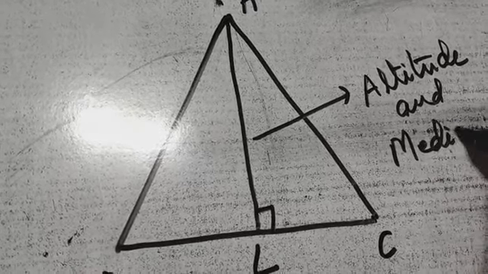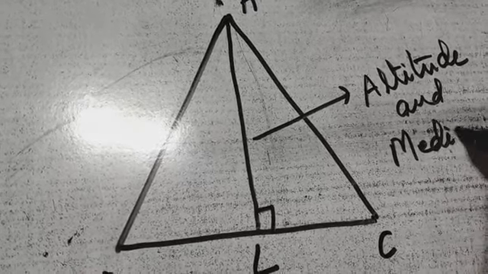But when we make it from point C or B, it will not be equal because one line is unequal. It is the perpendicular distance and this splits it into half. Okay, so there will be only one altitude and median which will be equal, otherwise the two will not be equal.